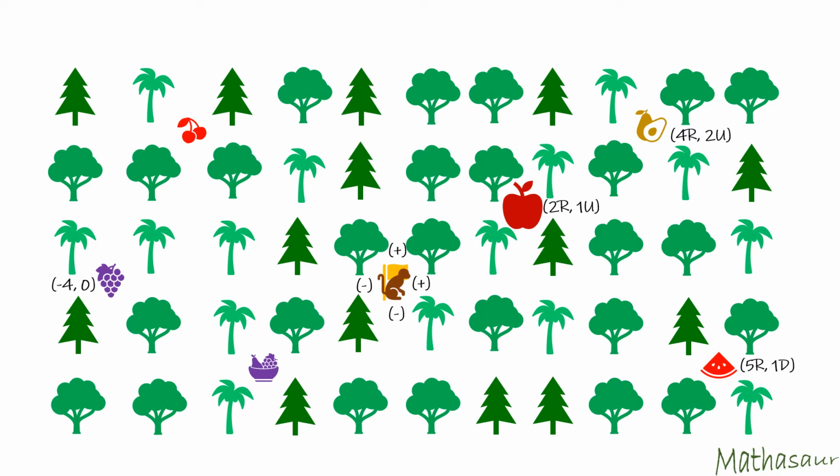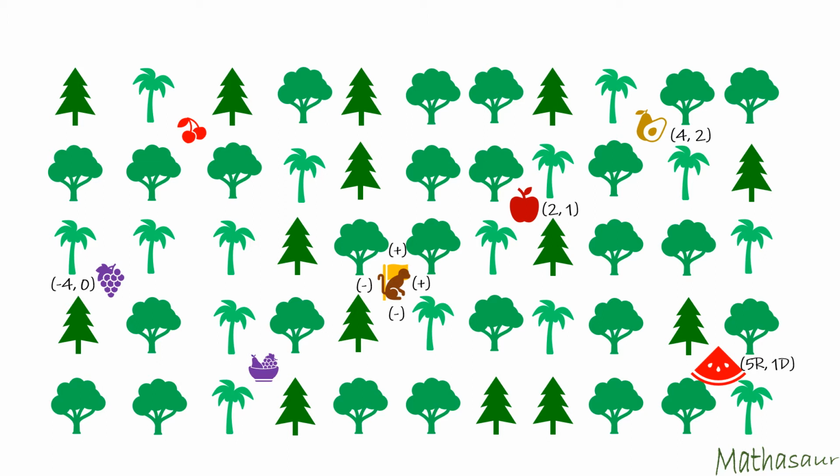So for the apple, since my right and up both have a positive direction, we could write that as 2, 1. For the pear, 4R 2U could be written as 4, 2.